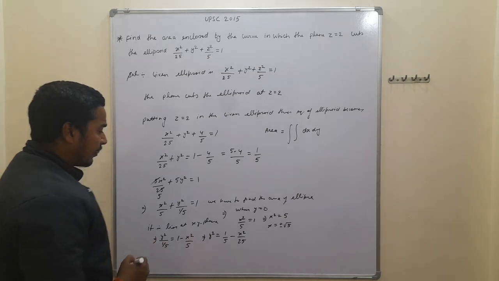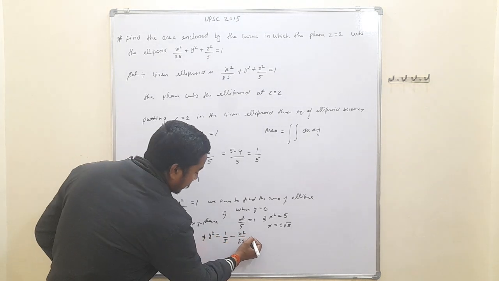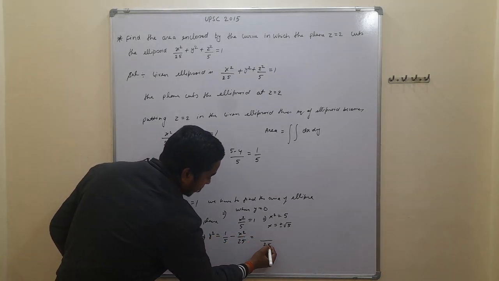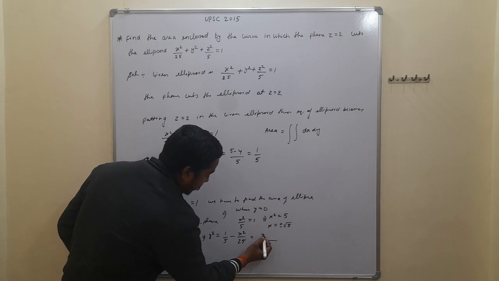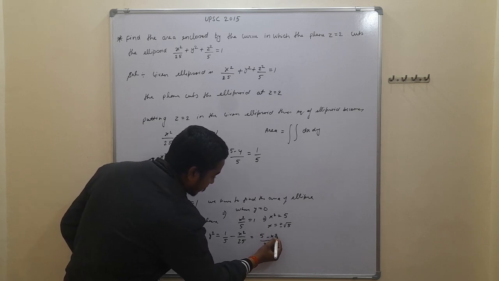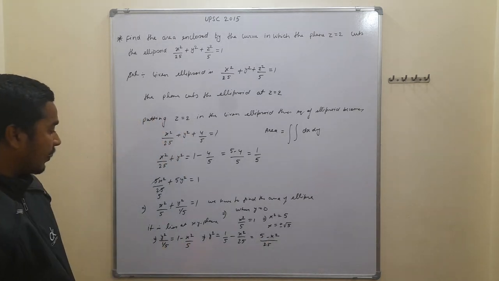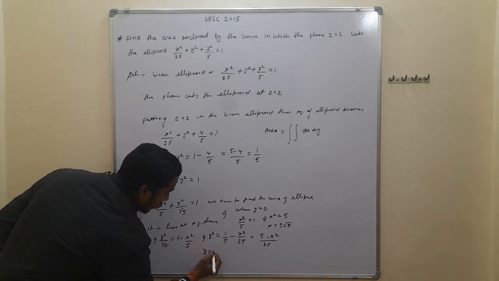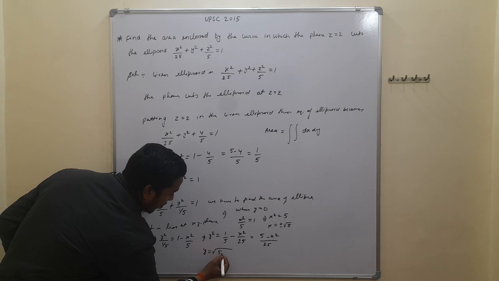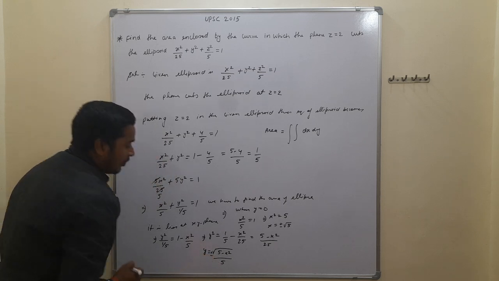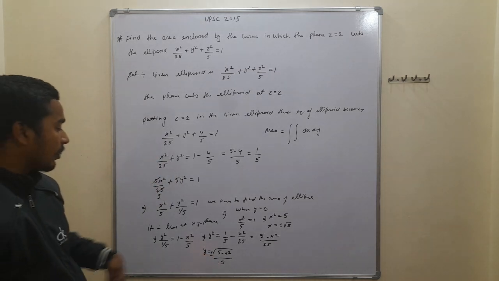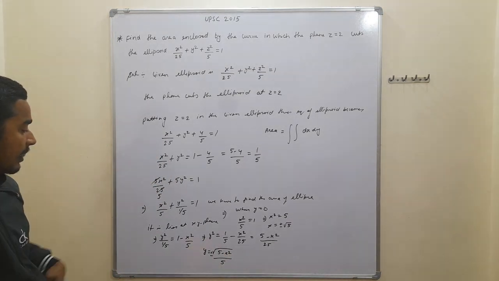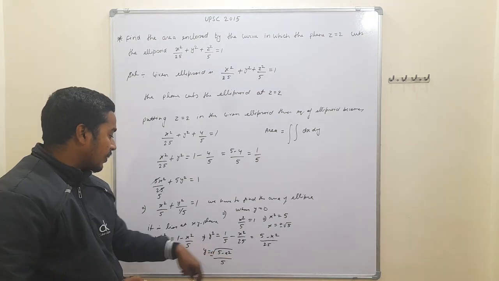Taking LCM, 5 times 5 is 25, this is 5 minus x square upon 25. From here we get y is equal to plus minus under root of 5 minus x square upon 5. So the value of y is plus under root of 5 minus x square upon 5 and minus under root of 5 minus x square upon 5.